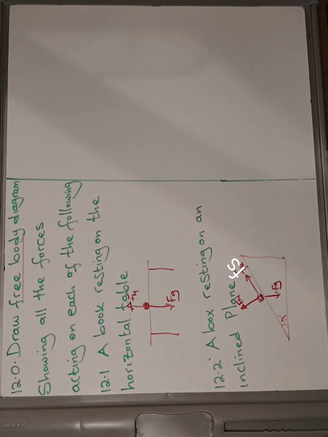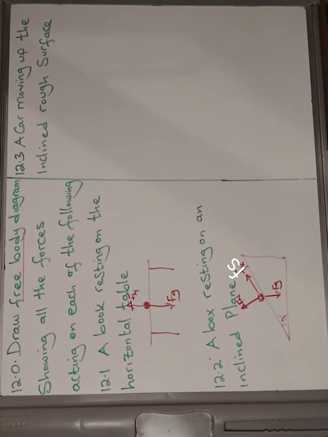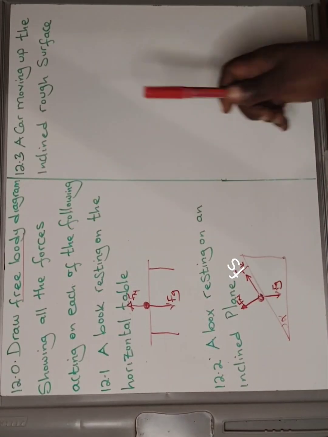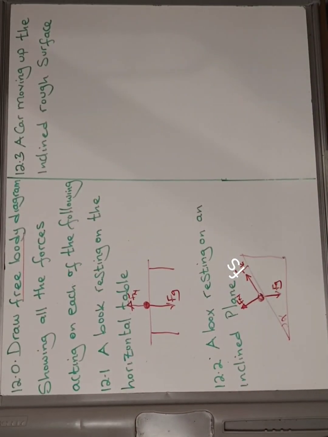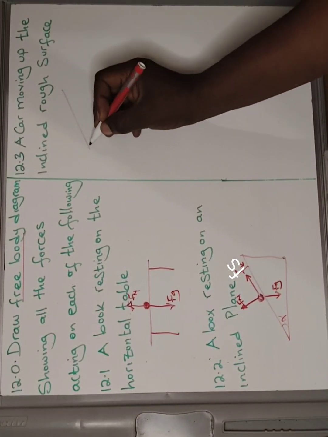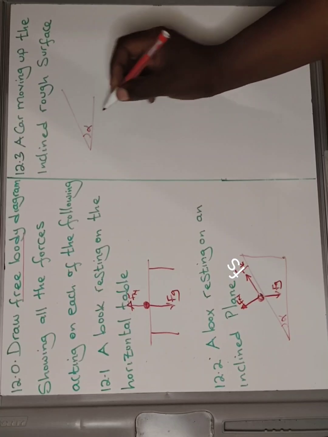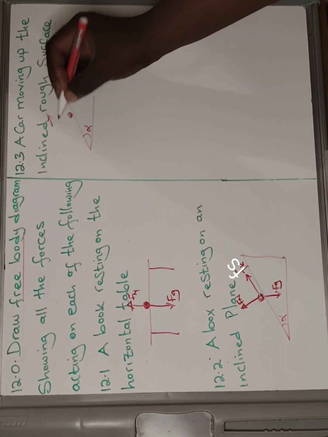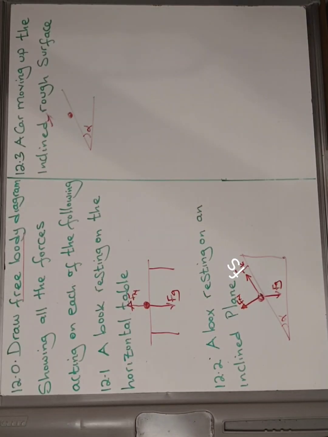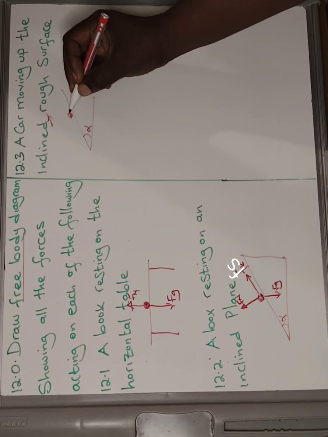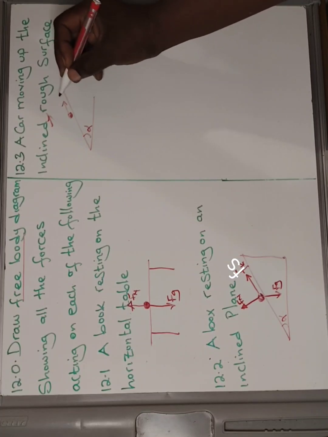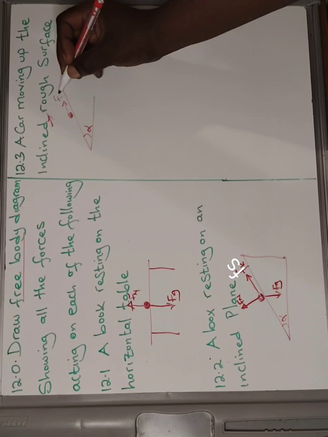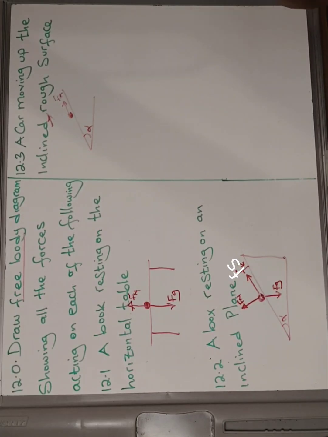Okay, let's go to the next question. It says free body diagram of the car moving up the inclined rough surface. So our assumption is that if this is the inclined surface, the inclination is at angle alpha, and this is our car, and it's moving upwards. So what do we have here? We are anticipating that it's moving upwards by the virtue of the engine. So this is the force applied by the engine.